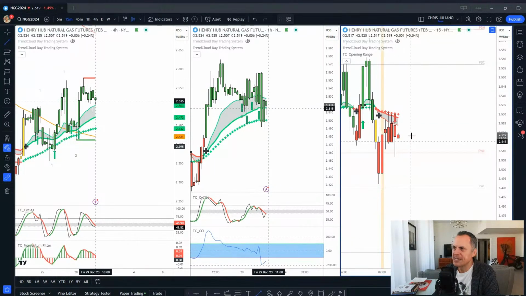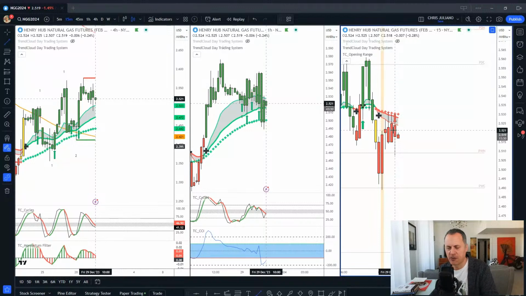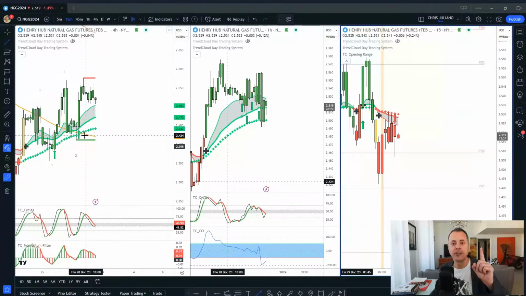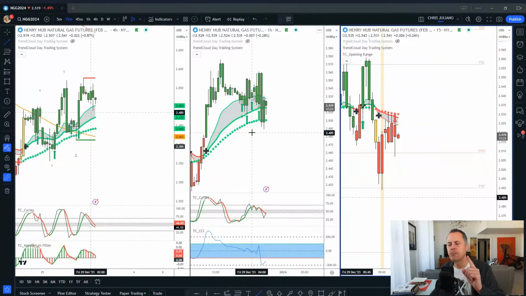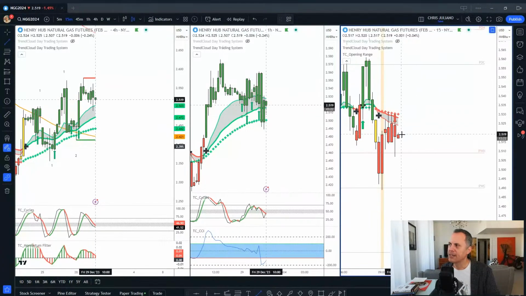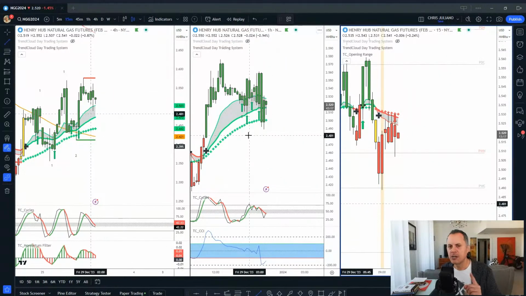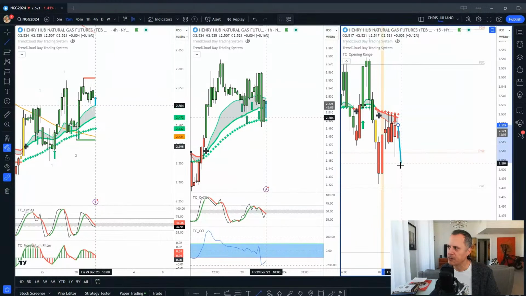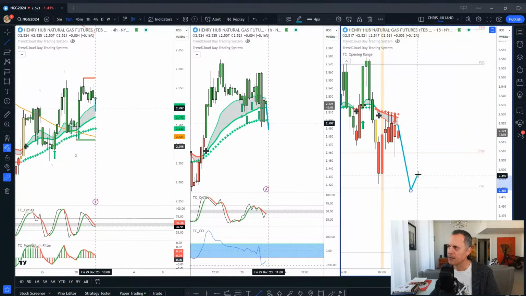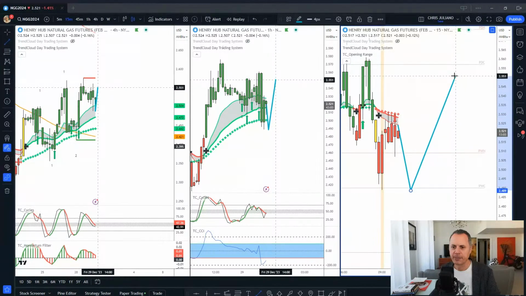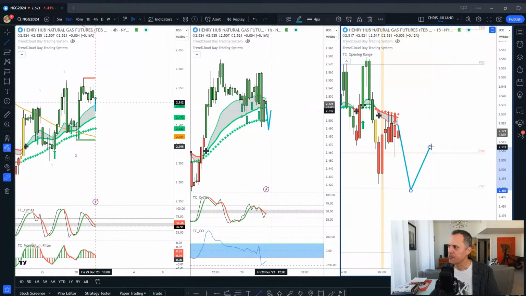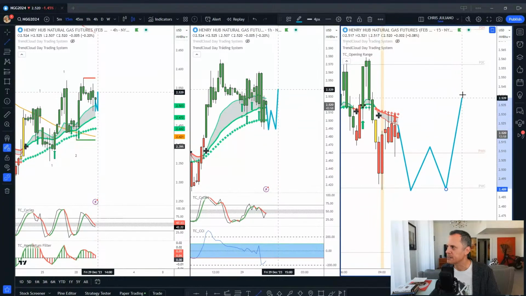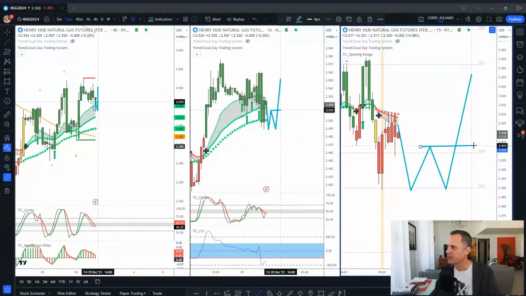So we wouldn't want to take this short necessarily, because we're in an uptrend on both the high time frame and the middle time frame. We're getting a downward signal here. It's picking up on this momentum, but because the trend is up on both time frames, what's the possibility of happening here? You might get something that looks like this, okay? Or you might get something that looks like this, break of structure.